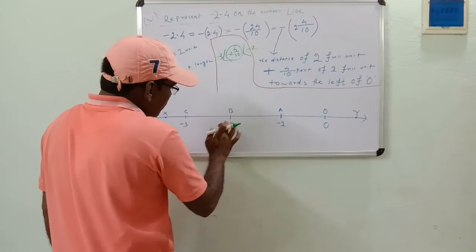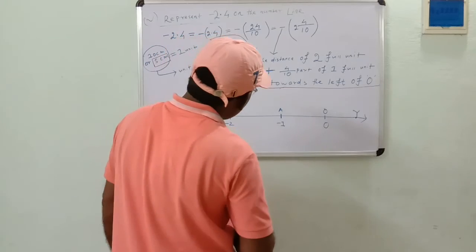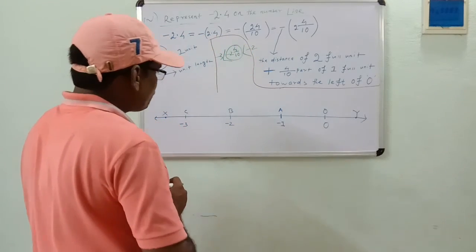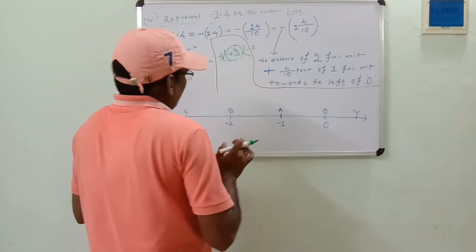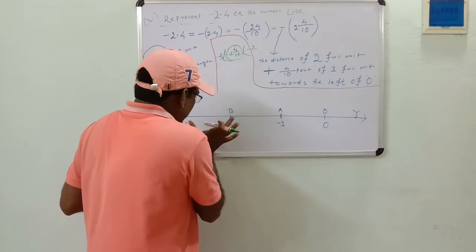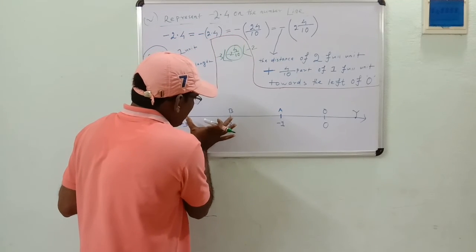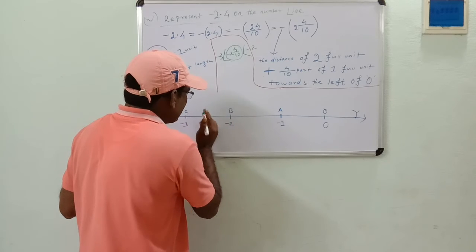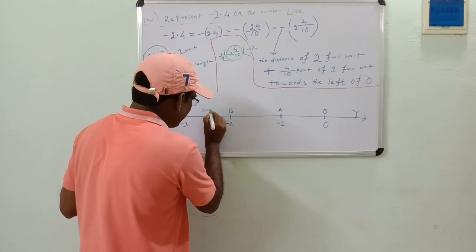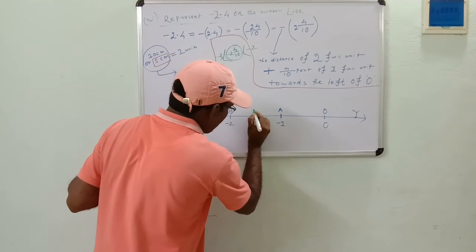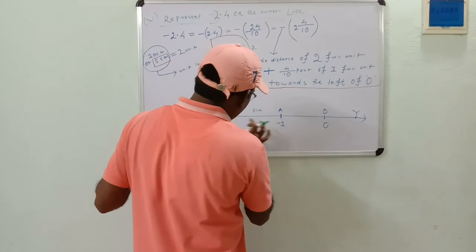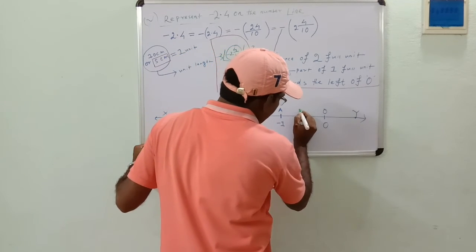It means between these spots on the number line. So this length between minus 2 and minus 3 is 5 cm distance. From minus 1 to minus 2, it is also 5 cm distance.